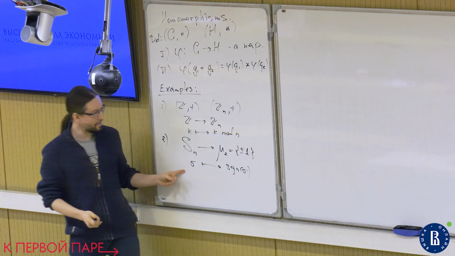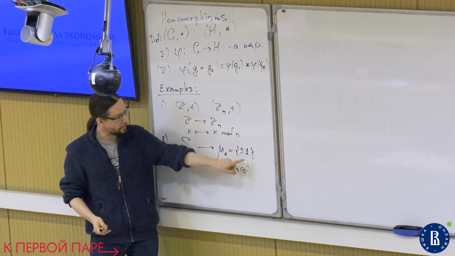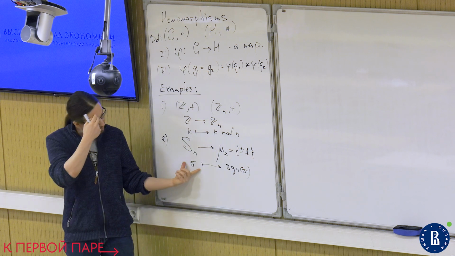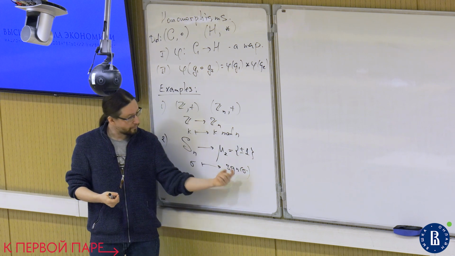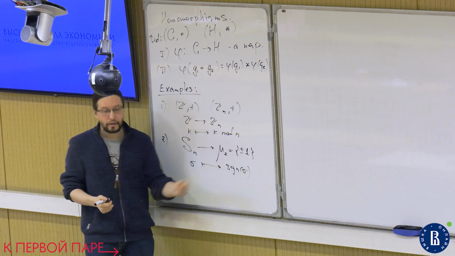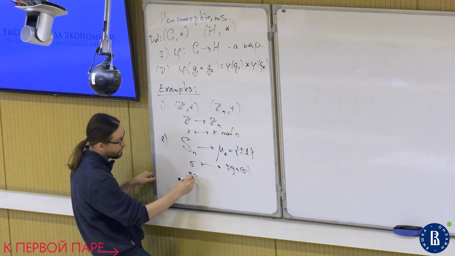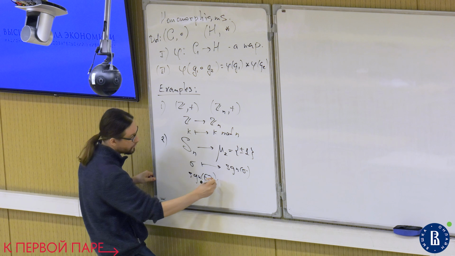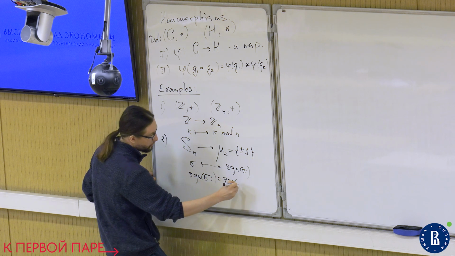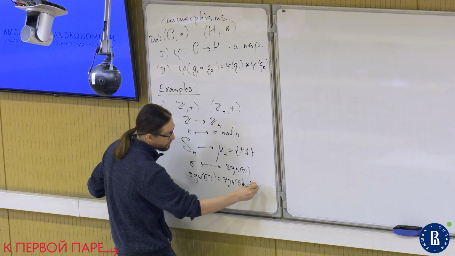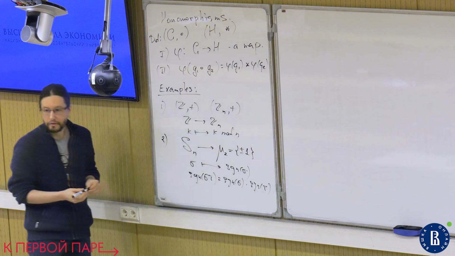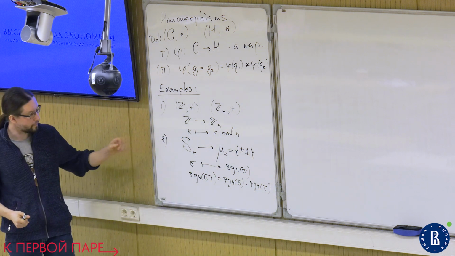If the permutation is even, the sign of sigma is 1, and if the permutation is odd, the sign of sigma is minus 1. And we know that the sign of the product is equal to the product of the signs. So this is also a homomorphism.